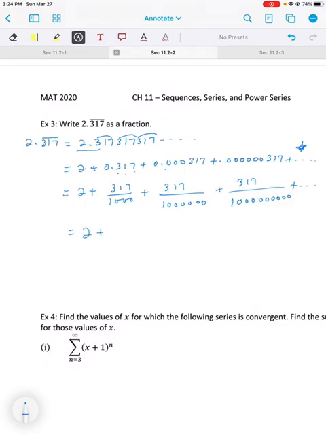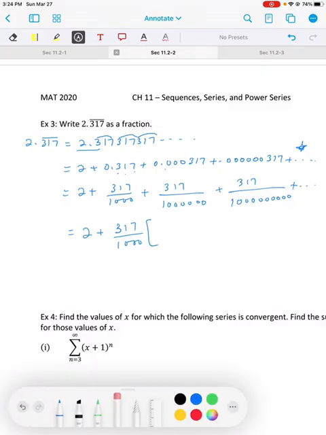So you keep the 2 as it is, plus now I do the same thing, I factor out. You don't have to do this step of factoring out. If you can already see what your A is and what your R is, you can directly write from there, which I'm just going to do.